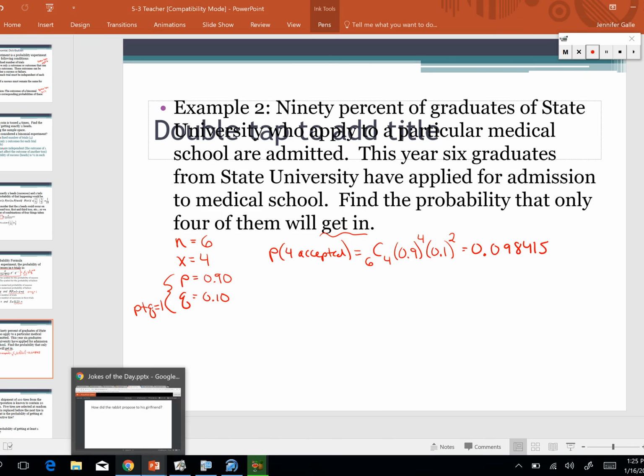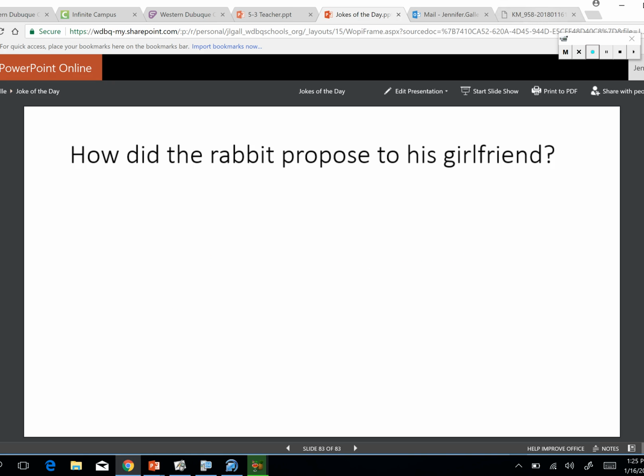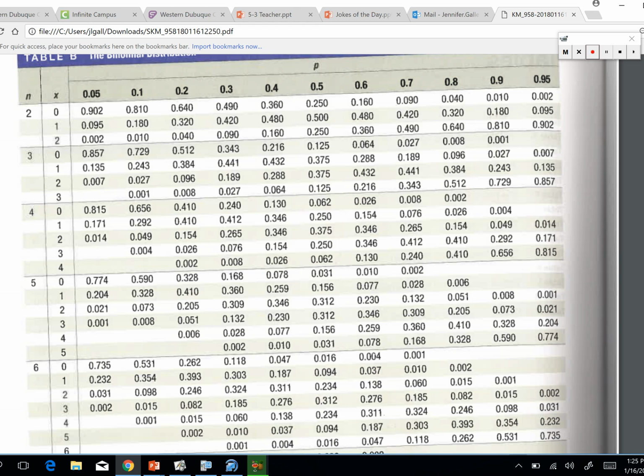On page 774, you'll have table B. In order to use table B, you still need N, X, and P. You actually don't need Q for this table. And you will find on the left-hand side, you'll find your N. In this case, our N was 6.